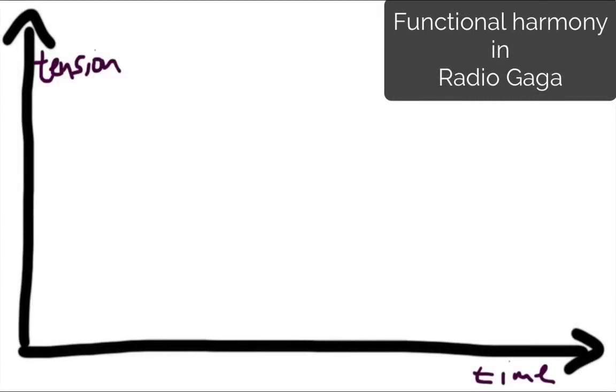So let's look at Radio Gaga and how it uses these functions to create an arc of tension in the pre-chorus. So the pre-chorus starts on the tonic function, which has no tension at all. It then moves to another tonic function, increasing the tension just a little bit.